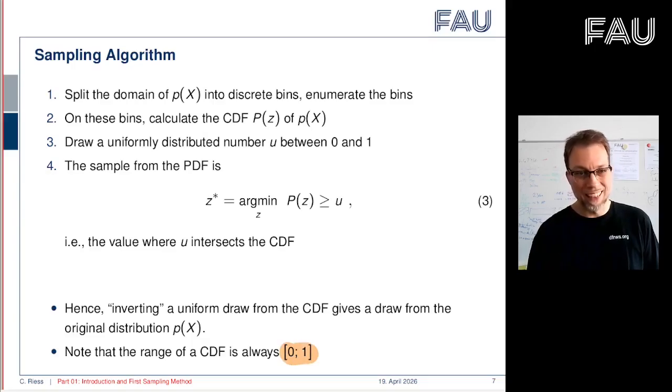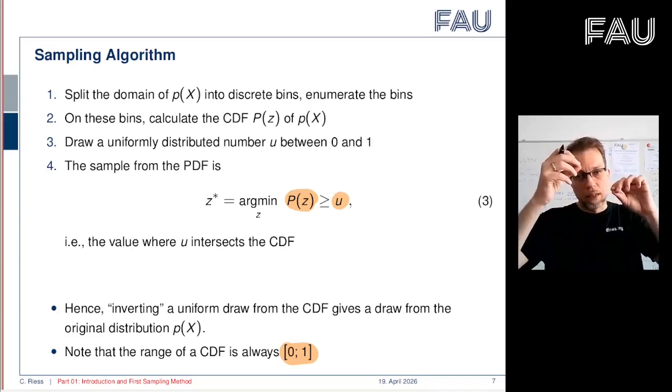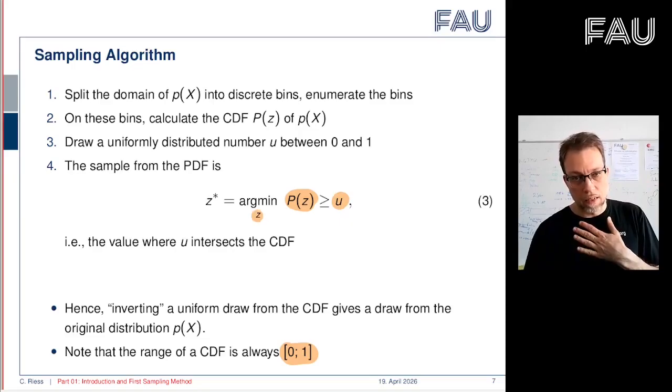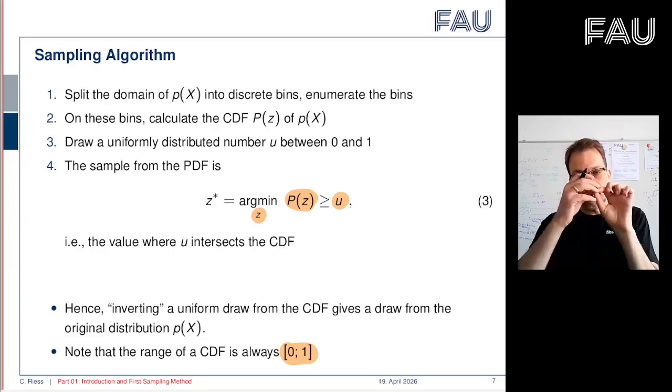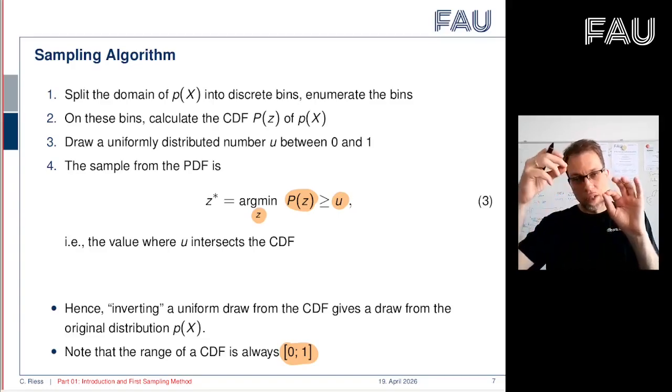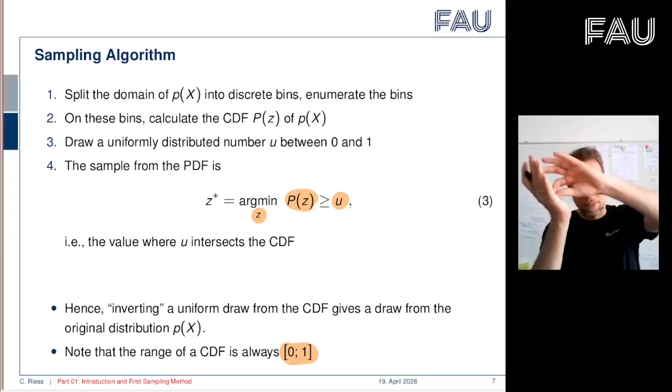The sample from the probability density function then is, for the smallest P of z that is larger or equal than u, than this randomly drawn number, we are interested in the coordinate c.